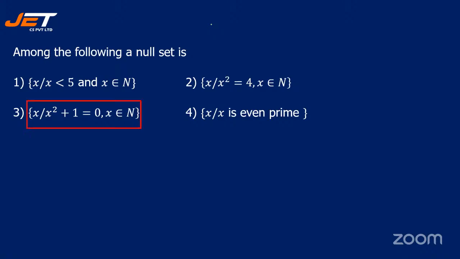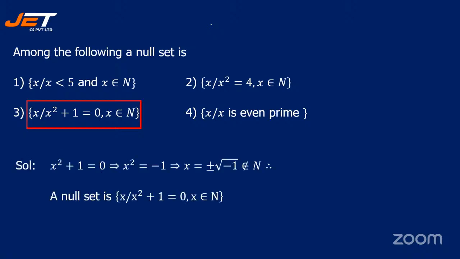So it is option 3, where x square plus 1 is equal to 0. So x square is minus 1, so x will be root of minus 1, which is not an element of N.